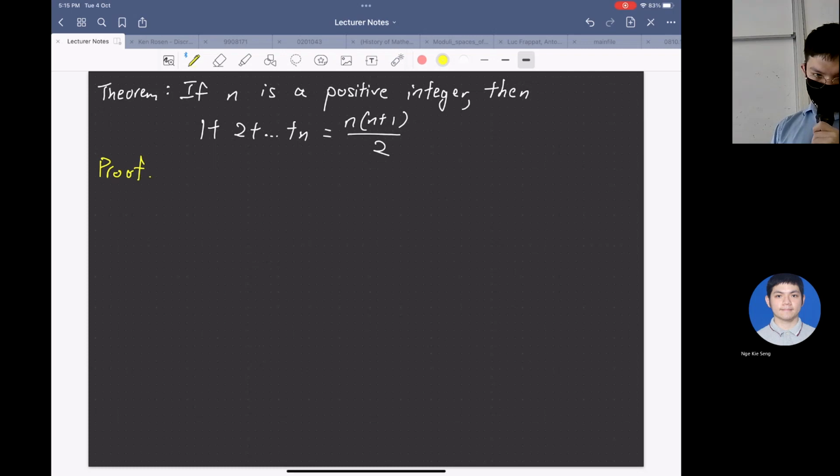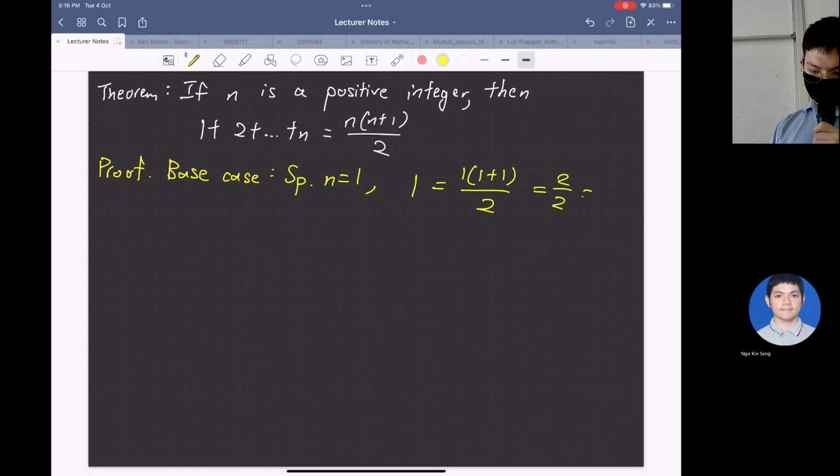Proof. So the base case, we start from, what's the base case? n equals to 1. 1 equals to 1 times 1 plus 1 over 2, which is 2 over 2, which is 1. Okay, base case is correct.